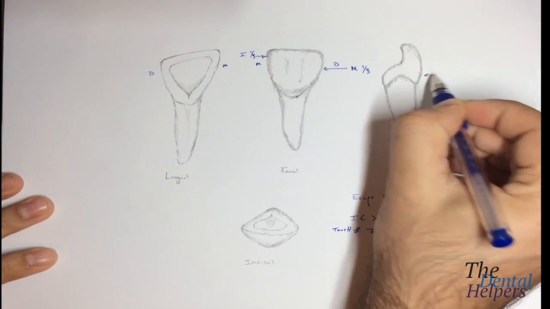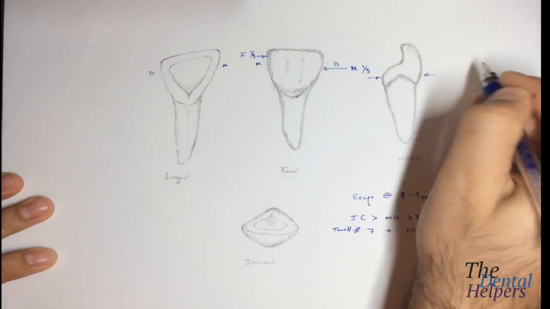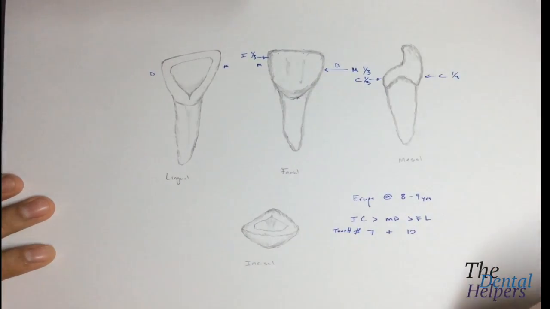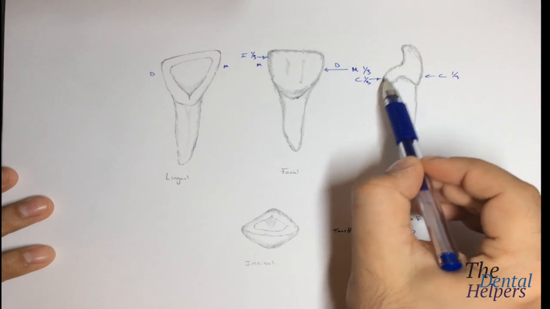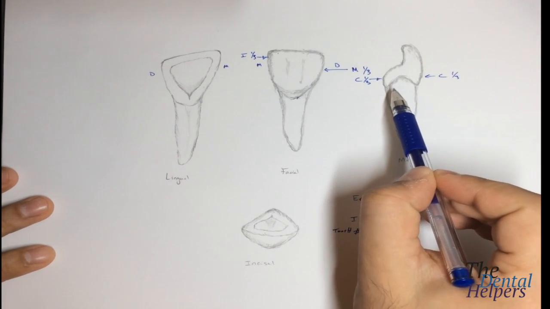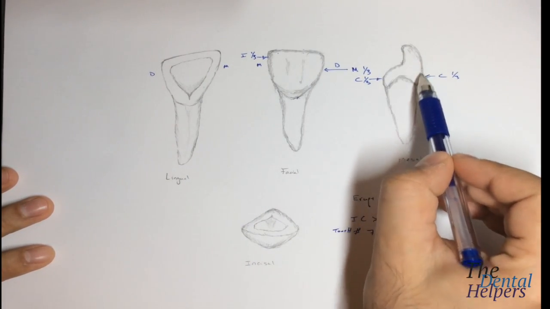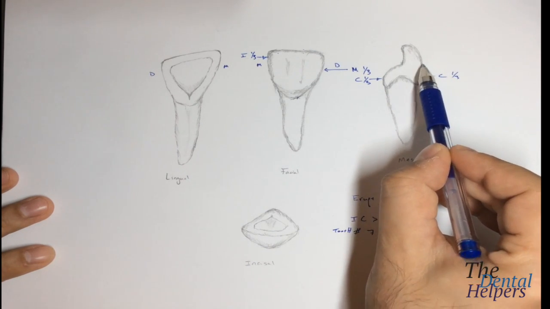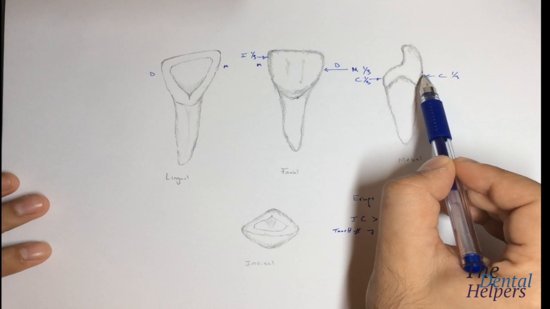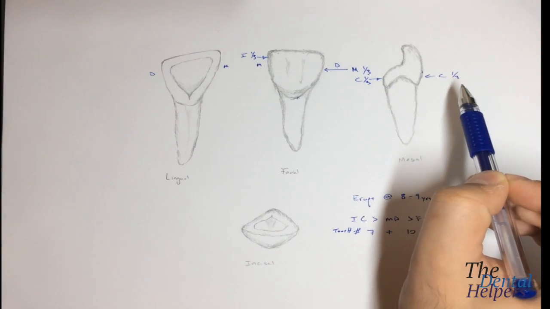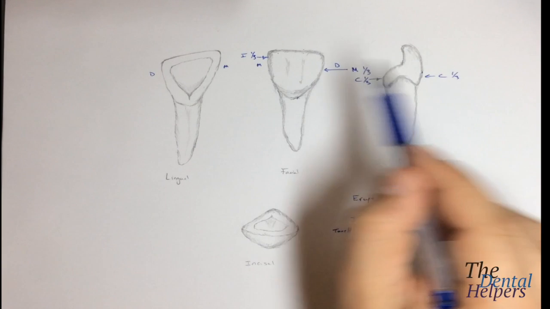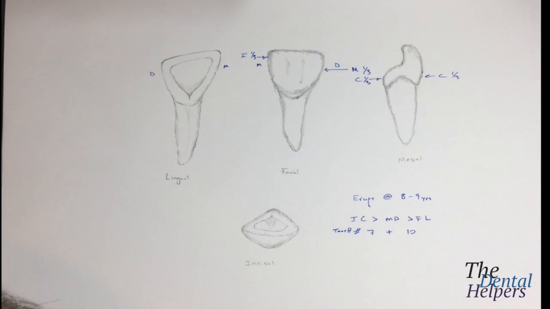So we see that the cervical third is still where the height of contour is. And that's simply because the cingulum is going to be the largest part on the lingual surface, while on the facial surface, as we're approaching the CEJ, the highest point is right there. And that goes back to the function of incisors being that they shear your food.